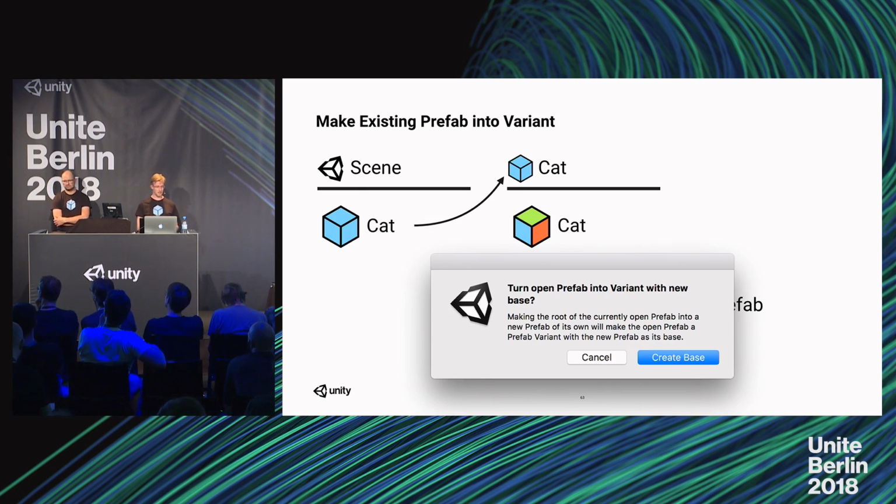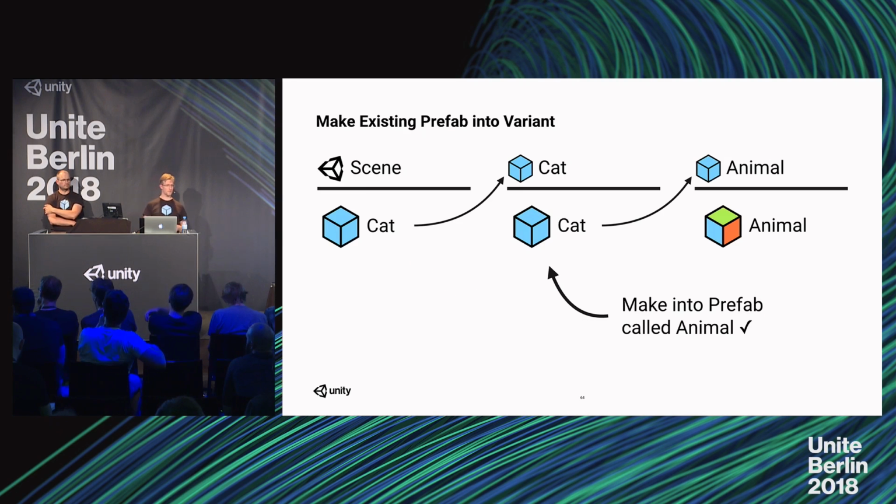So you get this dialog. If you proceed and choose Create Base, then the root becomes an instance of the new prefab you created, which is animal. And this means that cat, since it now has a prefab instance as its root, which is the whole definition of a variant, is now a variant of animal.